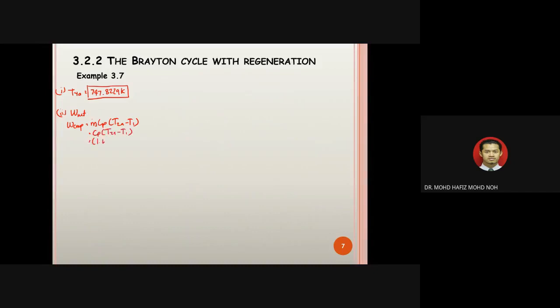Put the values, 1.005, and T2 actual is equal to 617.3708, which you already calculated, and then T1 is given, which is 310. Then you get the value of W compressor approximately 308.9077.